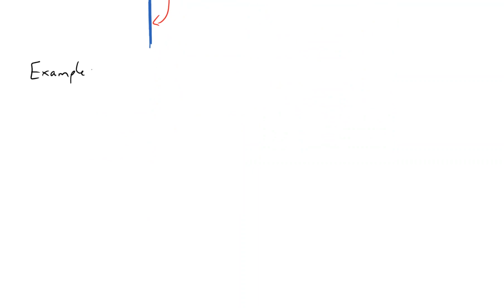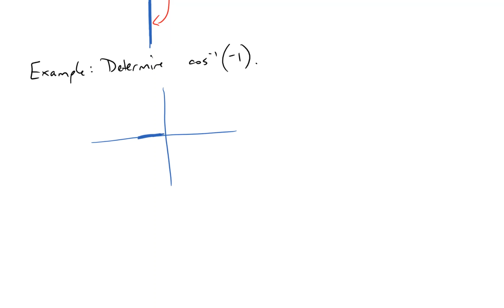And again, I'm assuming you know your coordinate plane and your 30, 60, 90s and 45, 45, 90s. Well, notice we're not using a calculator to solve any of these problems. So determine cosine inverse of -1. So our horizontal side is -1, which means we're over here on the negative x-axis because we're dealing with a hypotenuse of 1.